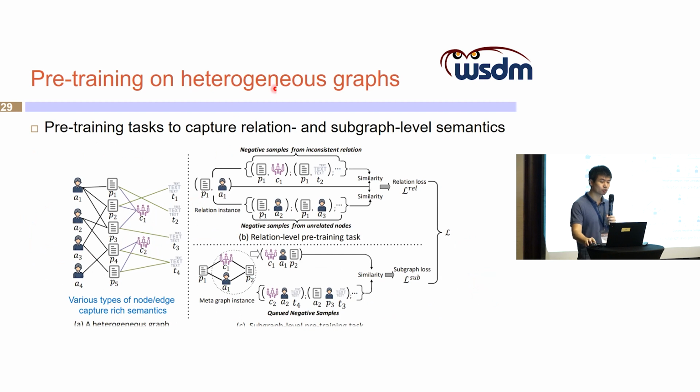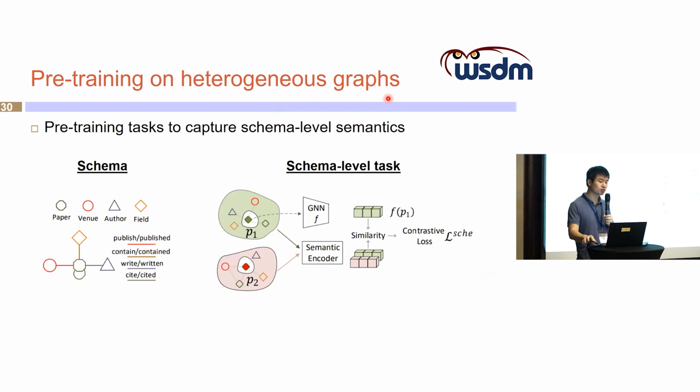So we can capture relation-level or subgraph-level semantics, or we can use the network schema. In a heterogeneous graph, the network schema reveals a lot of information about the overall relationship between nodes. So by leveraging the schema-level semantics, we can also define some pre-training tasks in graphs.